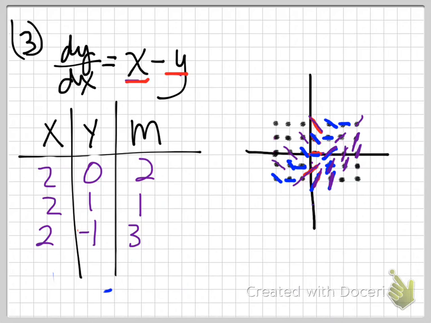Sometimes it's tedious to do a slope field, but it's not a difficult process. There's a couple things I'm missing here, like negative 2, 0 would be a slope of negative 2. So right there. Since we know the diagonals are going to do the same thing, I'm doing negative 2 here and negative 2 here.